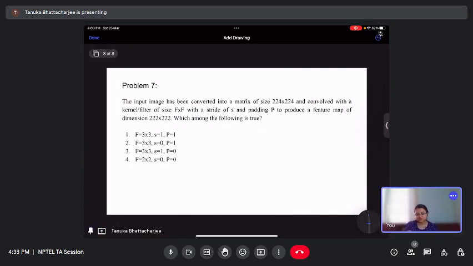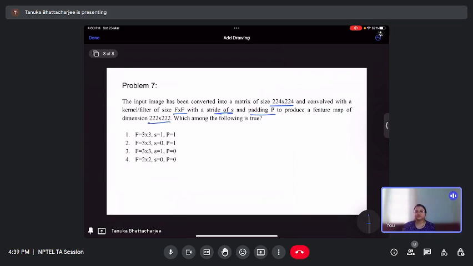Now, this is the last question for today's session. Here we have the input image which has been converted into a matrix of size 224 cross 224 and convolved with a kernel or filter of size f cross f with a stride of s and padding p to produce a feature map of dimension 222 cross 222.